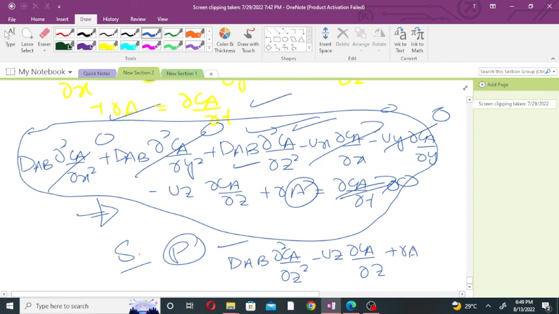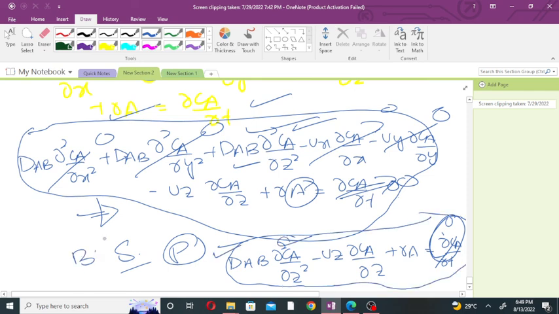At steady state the whole term will be equal to 0. So this equation is called the second order differential equation, which can be further simplified by using the boundary condition. In the coming lecture we will use the boundary condition to solve this equation. Thank you very much for your attention.